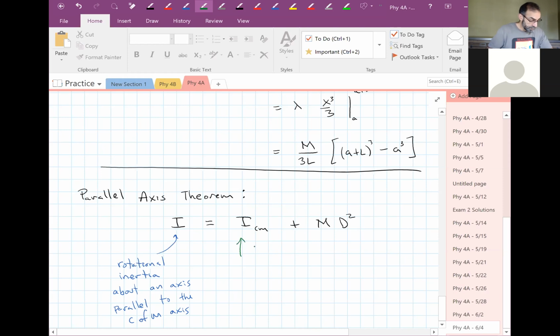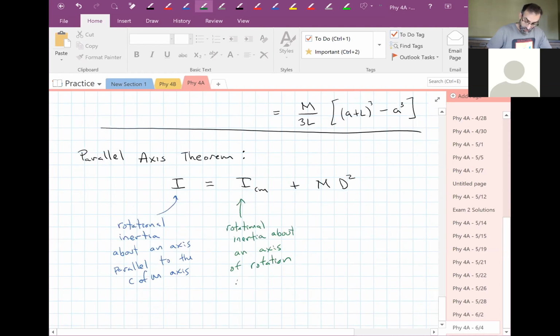This is the rotational inertia about an axis of rotation through the center of mass. M is the total mass of the object.